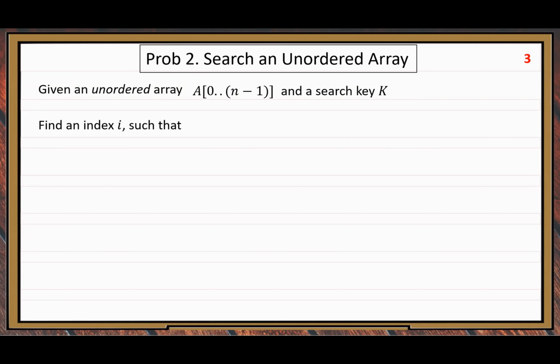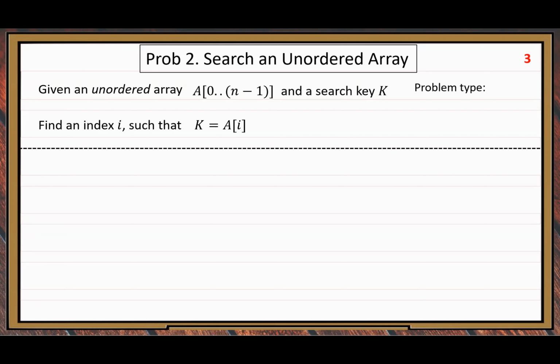The goal is to find index i such that k equals A[i]. That's simple. It's a basic, simple question, but we have something useful to learn. Here is the problem type: the search problem.